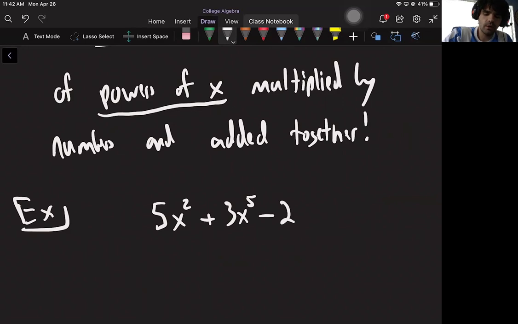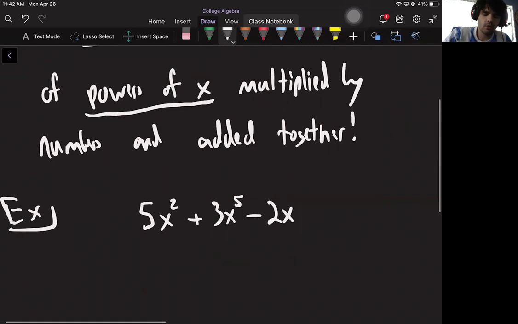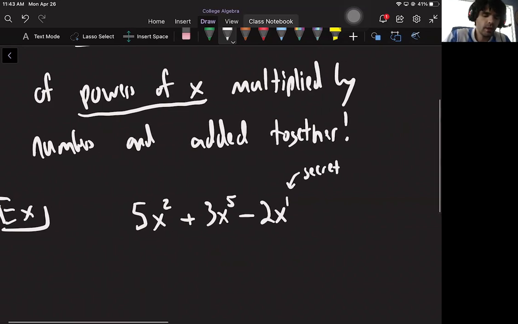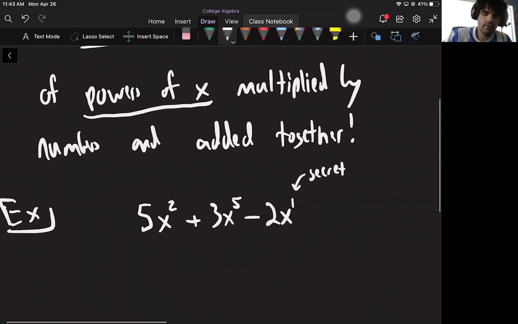So I could have 2x. Now I don't write the 1, but an x with no power just means an x to the 1 secretly. You never write this, but it's secretly there. So this is an example of a polynomial. And in fact, I can add something with 0 powers of x, which is just a number. There's a secret 1 over there, but if you just have a number, you do have a power of x next to it, multiplied by it.